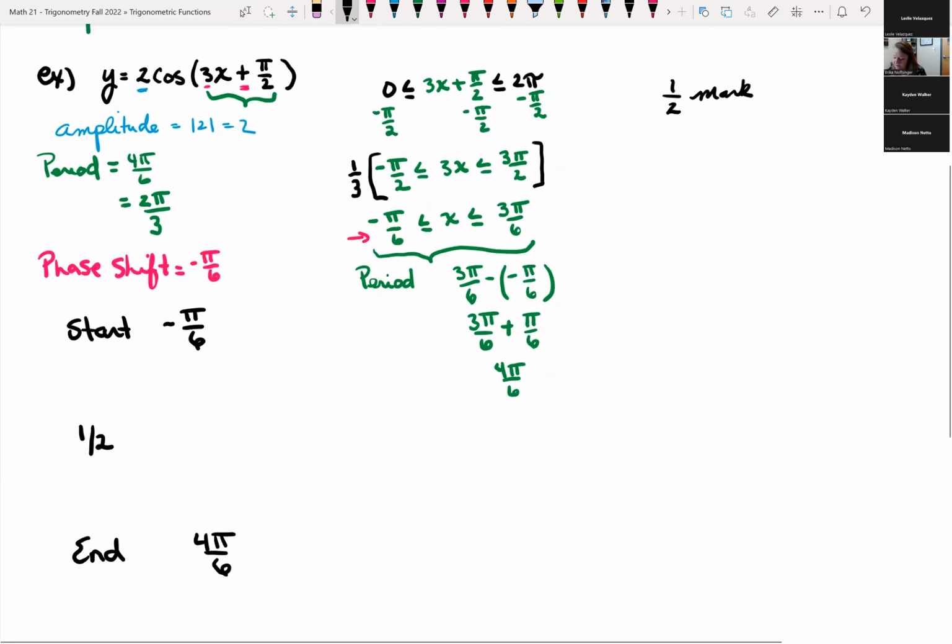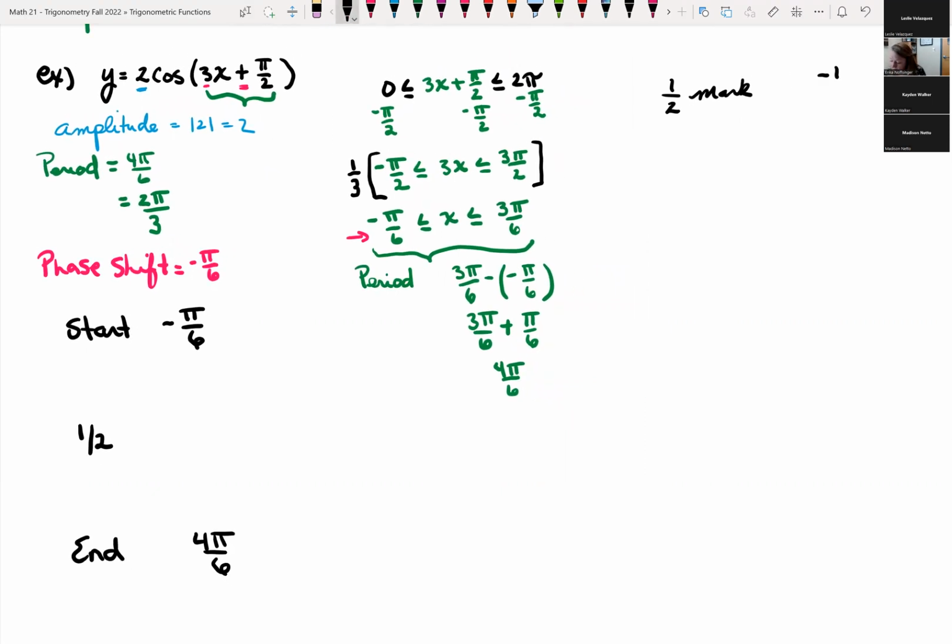We're adding our values, negative pi over 6 plus 4 pi over 6, and dividing by 2, or the same thing as multiplying by the reciprocal, which is 1/2. Negative pi over 6 plus 4 pi over 6 is 3 pi over 6. So 1/2 times 3 pi over 6 gives us 3 pi over 12.